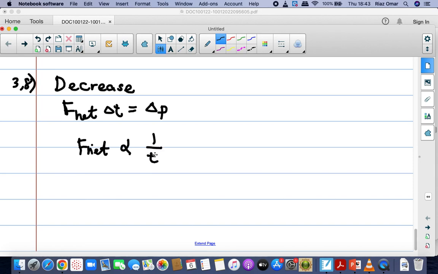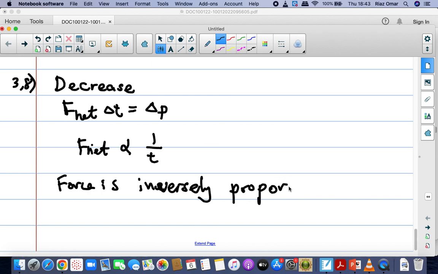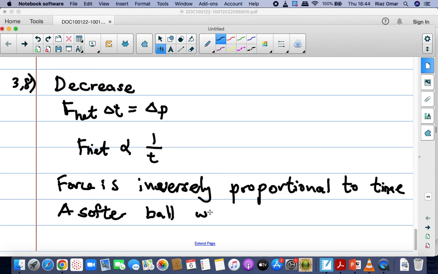So thus we can say if there's a softer ball, force is inversely proportional to time. A softer ball will increase the time.